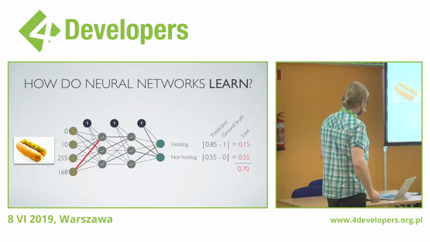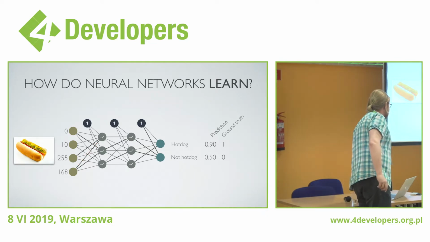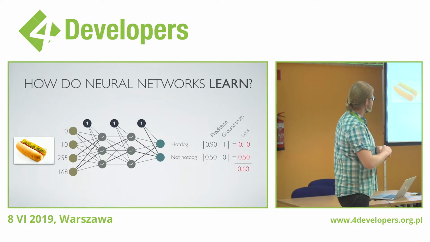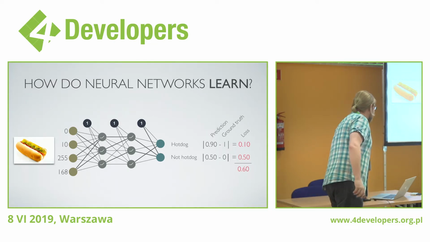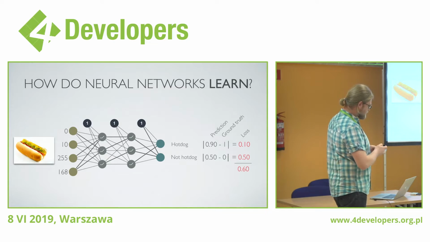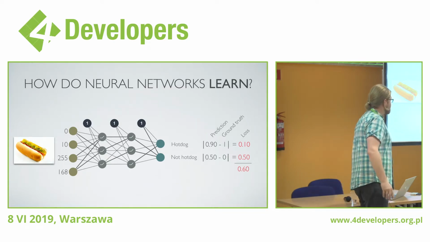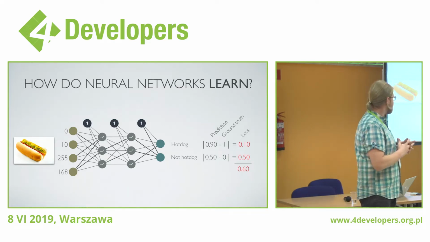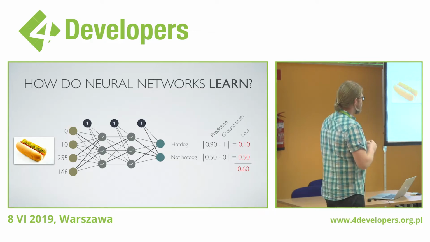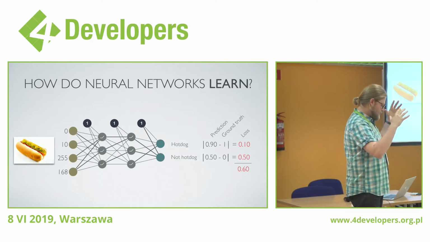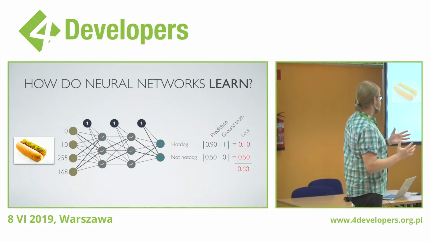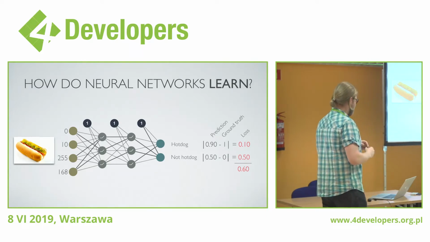Okay, so now that we have the prediction and the ground truth, we can calculate the loss, which is the cost of this particular network at this time, meaning the error it's making. This is an estimate of the error that it's making.